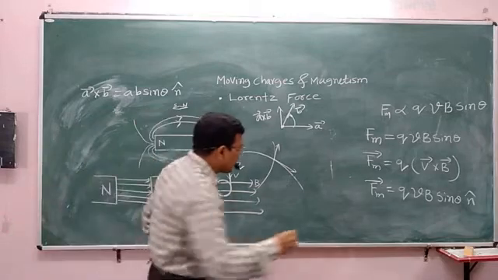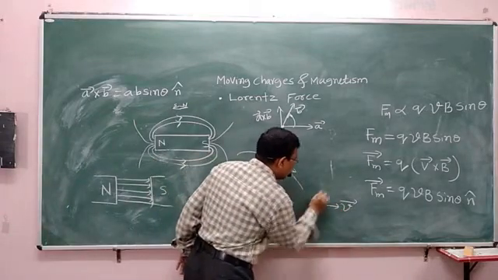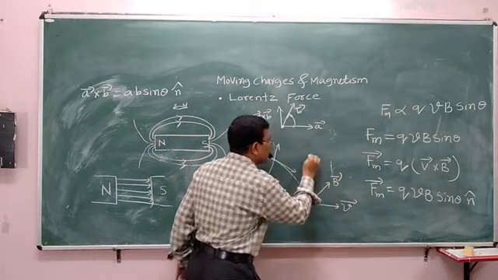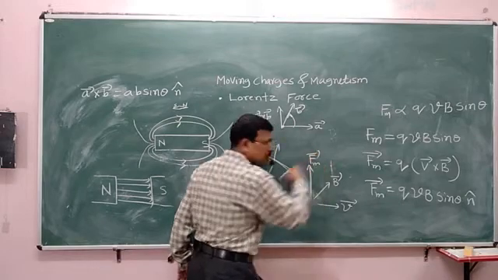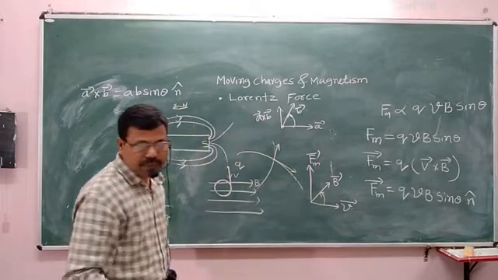So I can show that if this is vector V and this is vector B, then this is vector V cross B. So we can write that.